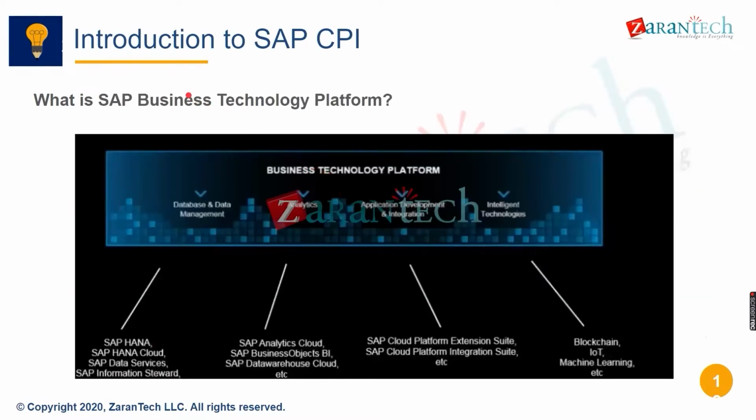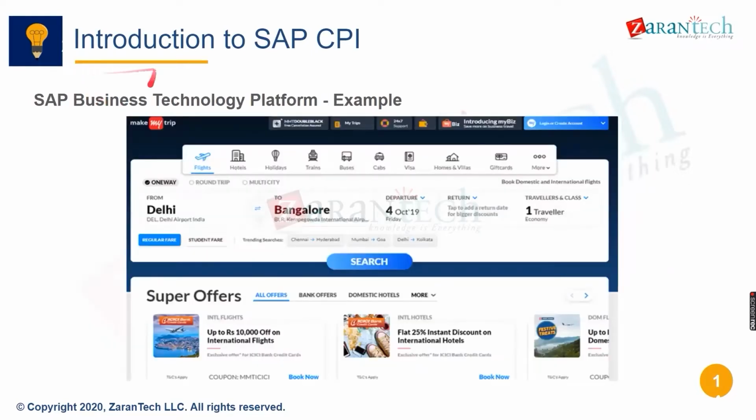Now we'll go in depth into what SAP BTP is. BTP stands for Business Technology Platform. You are at the main pillar now. This Business Technology Platform is the important one where you start your CPI development. Now I'll give a simple example to understand what exactly this Business Technology Platform is.